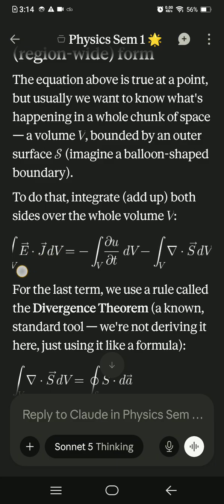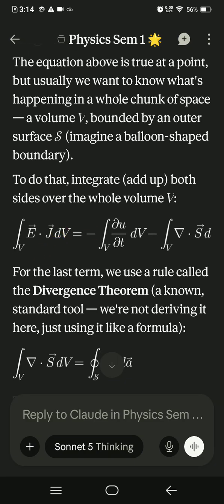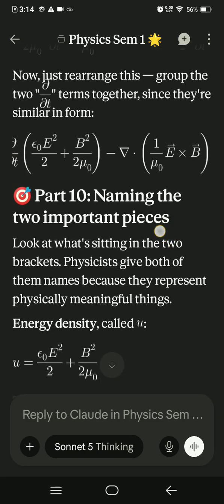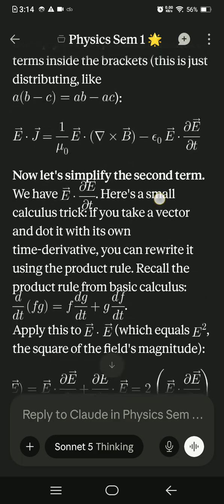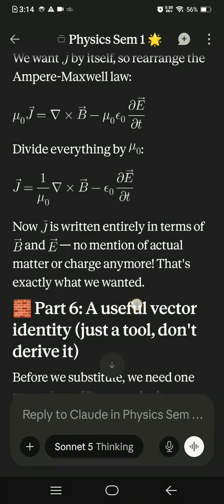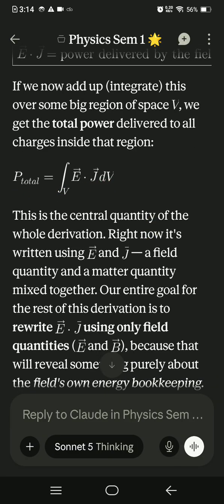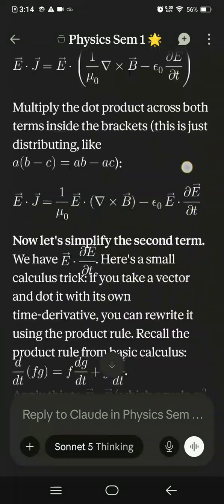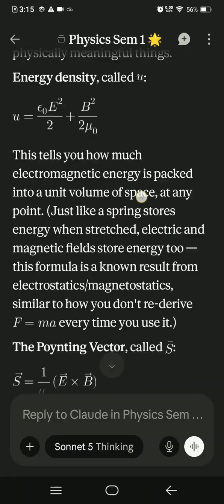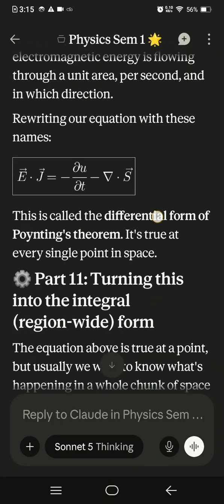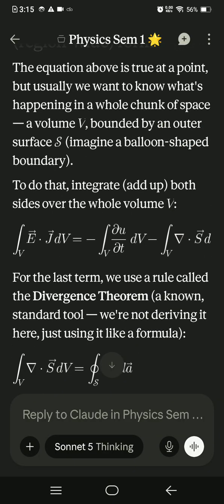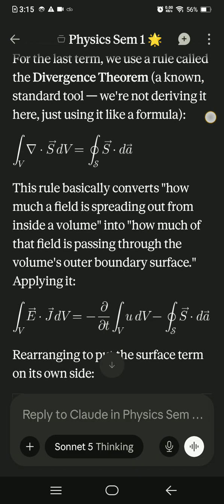We talked about it, right? This was the power. Yes, this was the total power for that particular region, how much of that energy is being transferred to the charges.